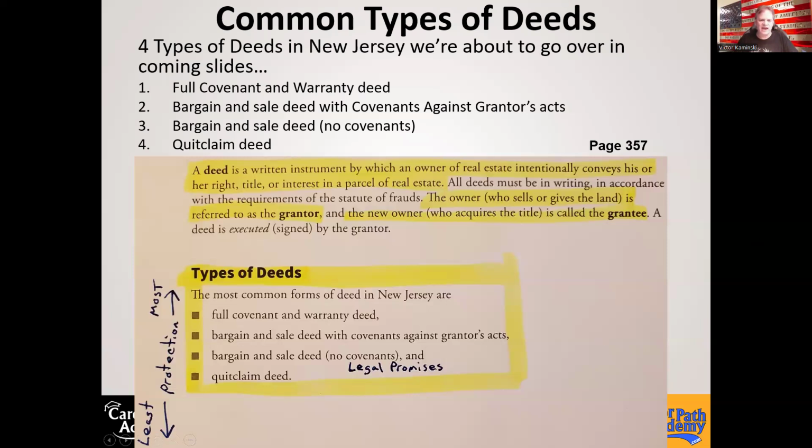Get those highlights down, right, least protection, most protection like that. And we're going to go over the anatomy of a deed and the different types of deeds.